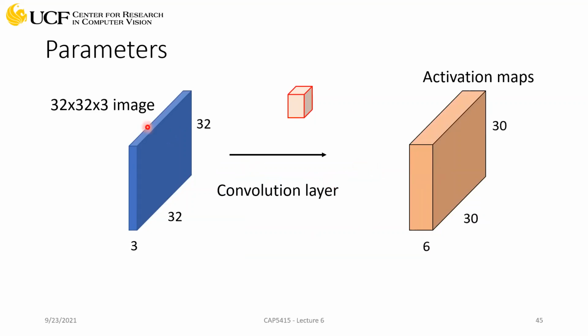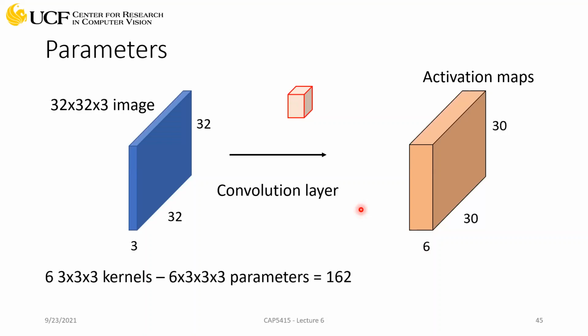In this case, we are using 6 different kernels, and if the shape is 3 cross 3 cross 3, you multiply 27 with 6. That will be the total number of parameters in this particular layer. So it will be 6 times 3 cross 3 cross 3.